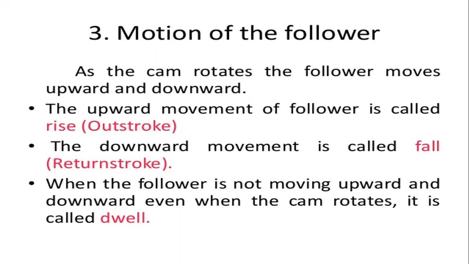The first one is the upward movement. The upward movement of the follower is called the rise of the follower or lift, and it is also called the outstroke of the follower. So in some problems they put it as outstroke of the follower. The second one is the downward movement, that is the return stroke.